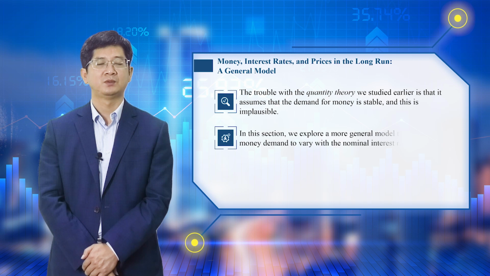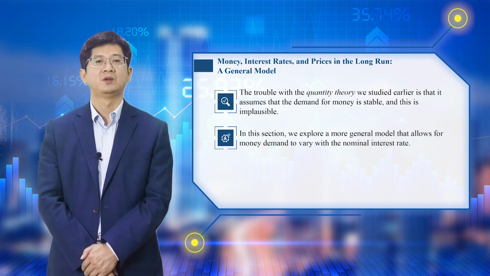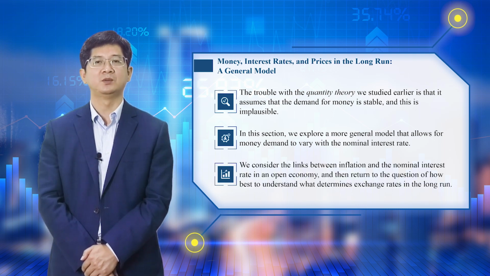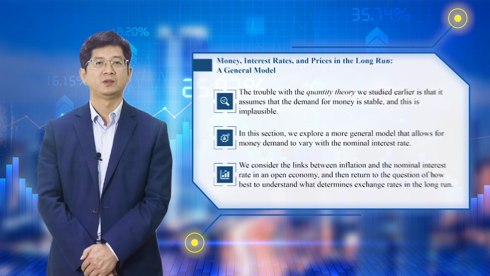In this section, we explore a more general model that allows money demand to vary with the nominal interest rate. We consider the links between inflation and the nominal interest rate in an open economy, and then return to the question of how best to understand what determines the exchange rate in the long run.